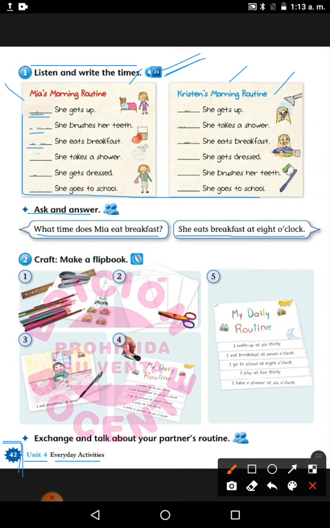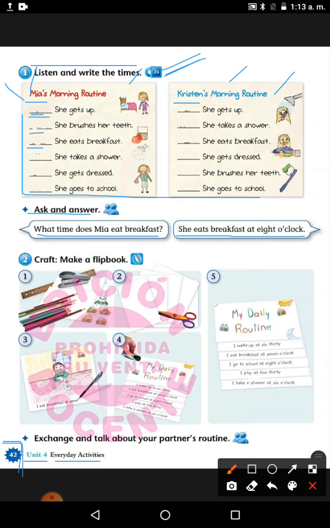Okay, now I want you to pay attention to this. Mia and Kristen are third person singular, okay?